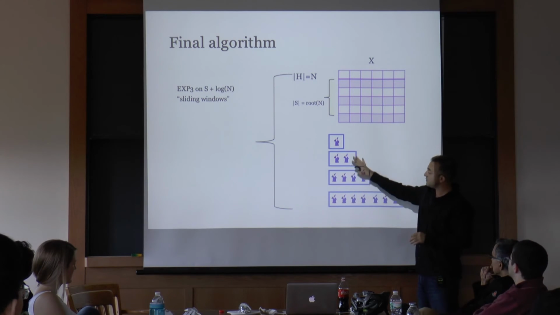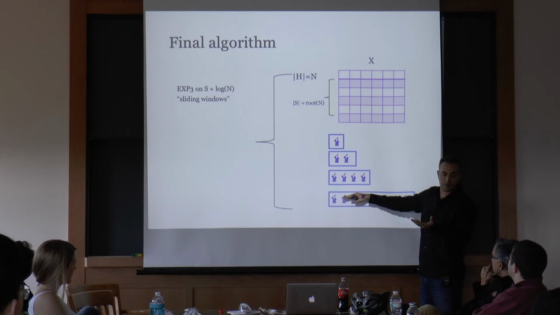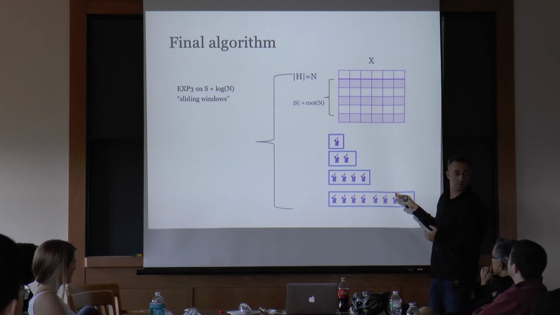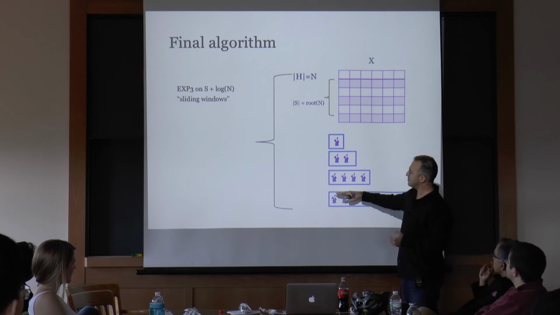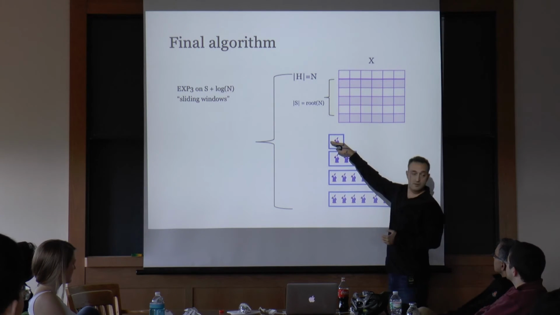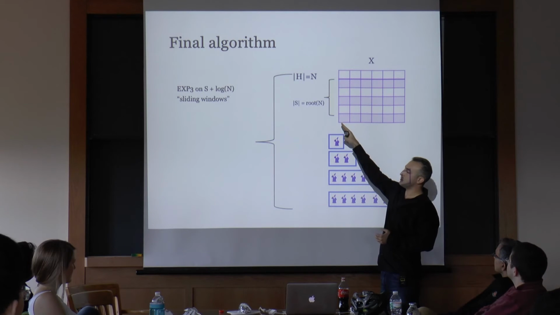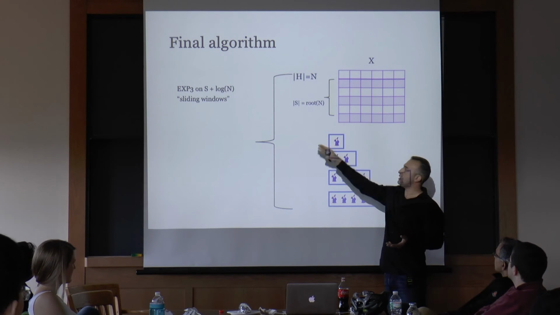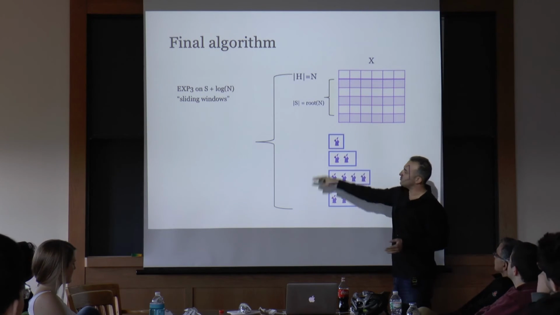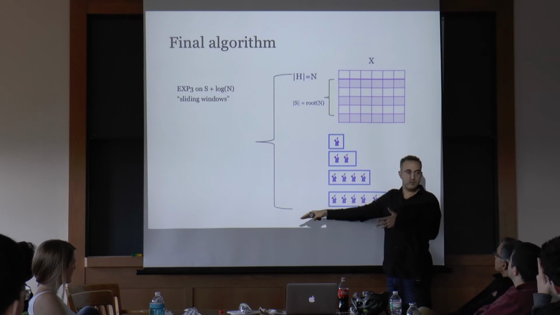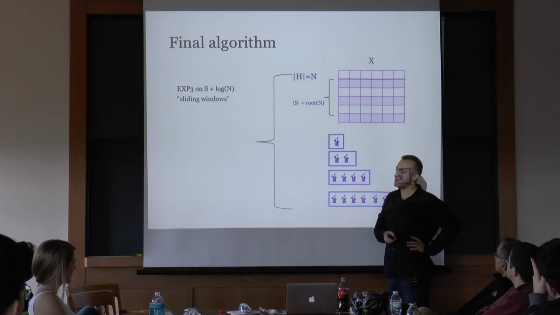And then each of these is an EXP3 bandit algorithm on the sliding window. So we have log n algorithms plus root n samples. And we run EXP3 on everything, on root n plus log n. It's a pretty simple algorithm.